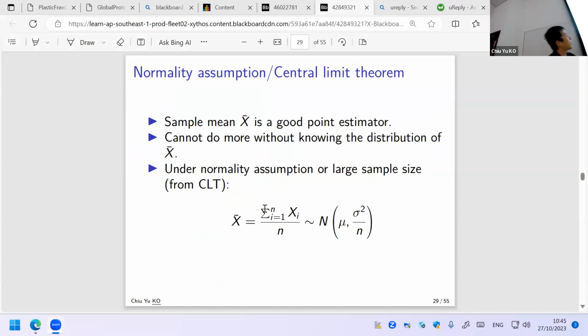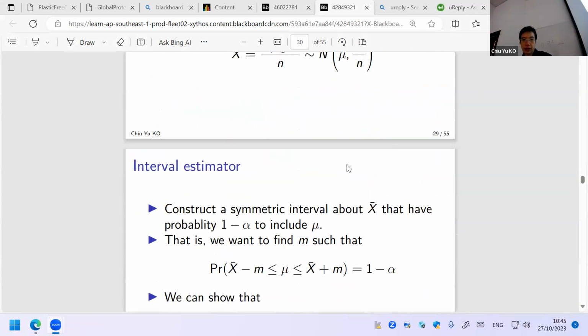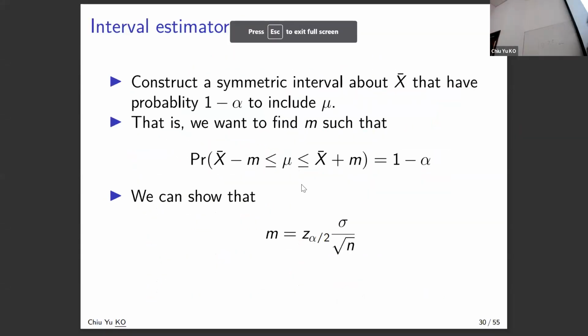Okay. So just to remind you that this guy is a random variable, and it will be normally distributed with this. So the question, as we have said, is that we want a symmetric interval about X bar, because X bar is a good estimate of mu. We don't want to estimate just one point, but we extend longer.